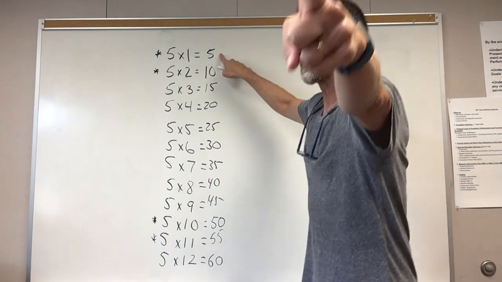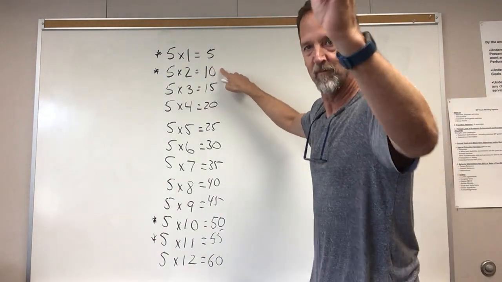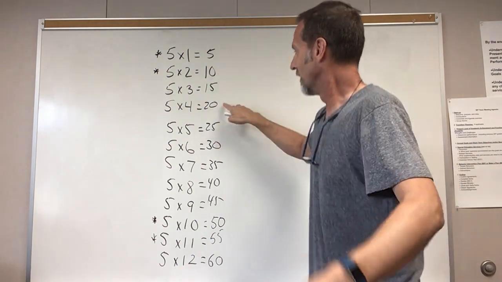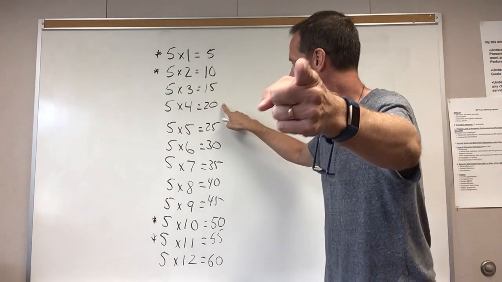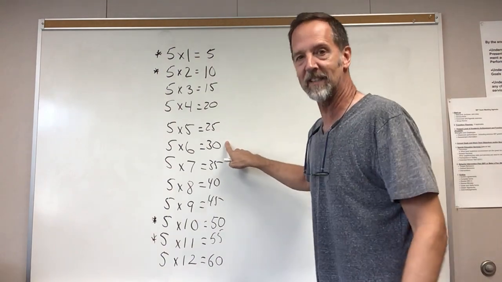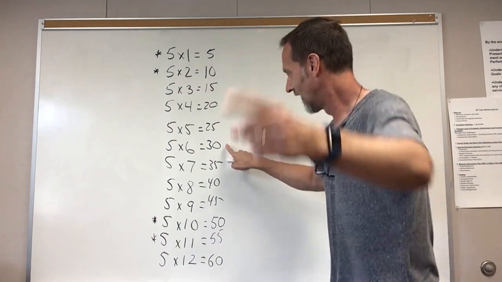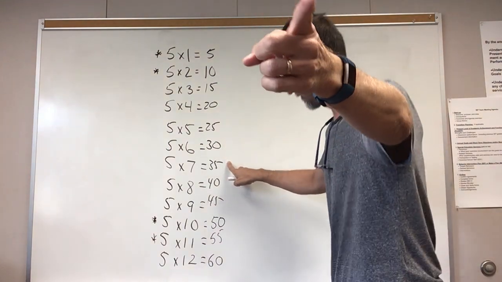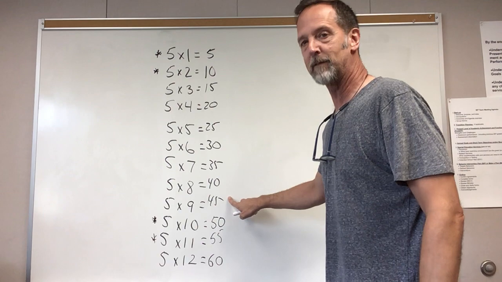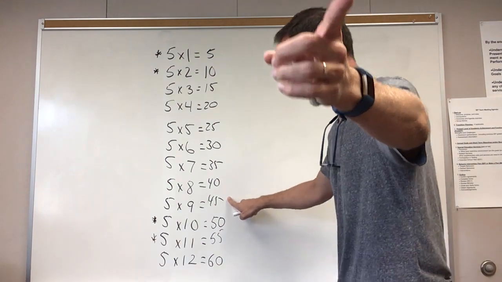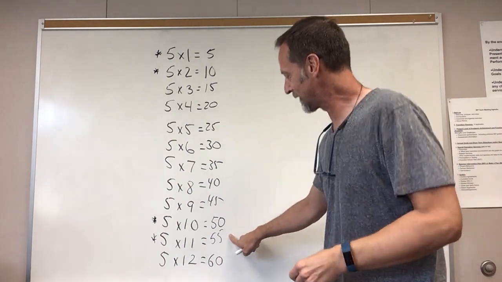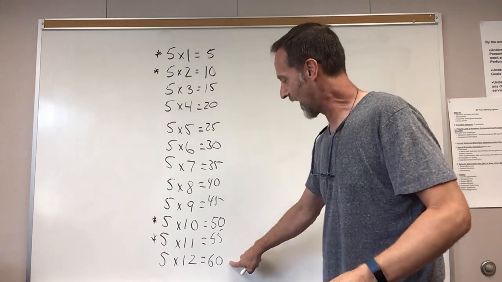You do it. 5 times 2 is 10. 5 times 3 is 15. 5 times 4 is 20. 5 times 5 is 25. 5 times 6 is 30. 5 times 7 is 35. 5 times 8 is 40. 5 times 9 is 45. 5 times 10 is 50. 5 times 11 is 55. 5 times 12 is 60.